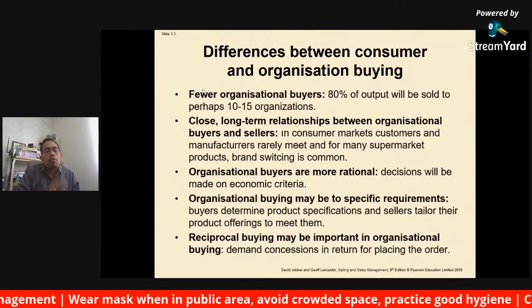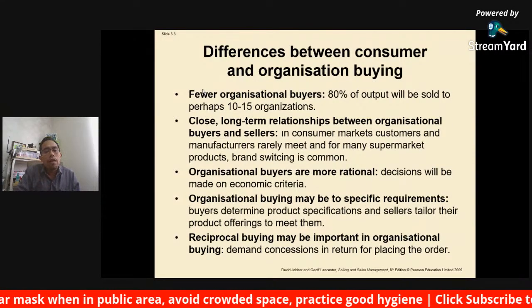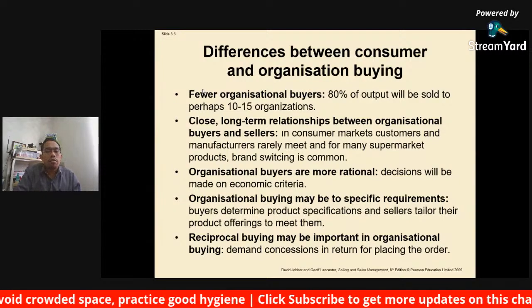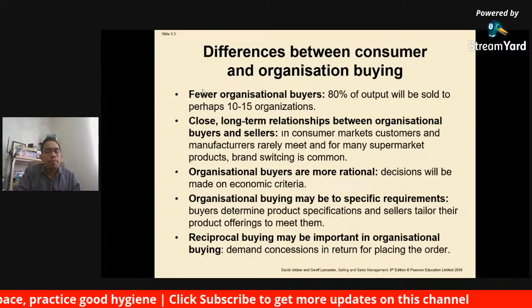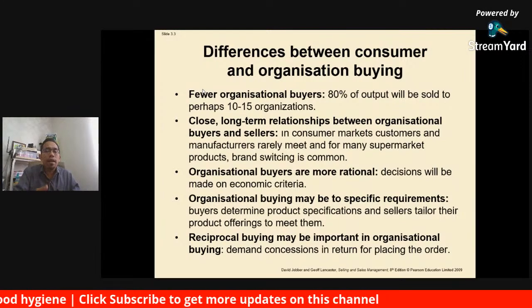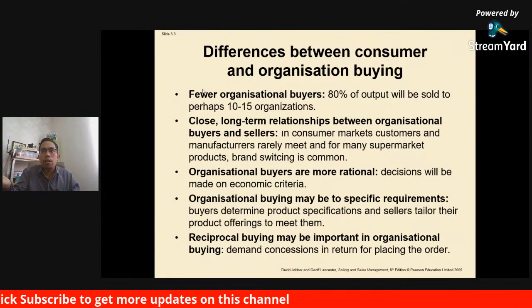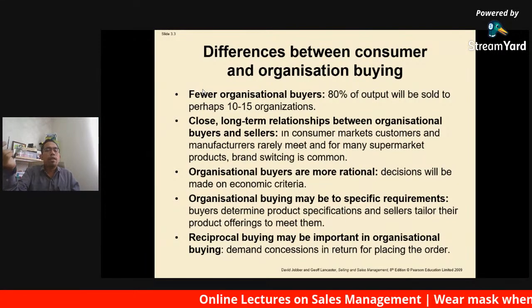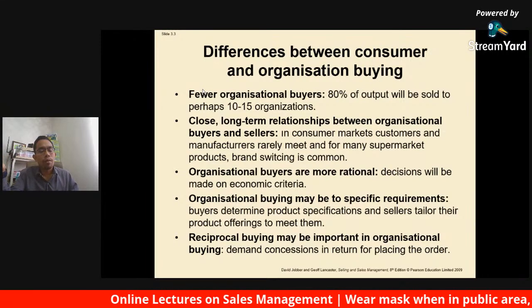The fifth, reciprocal buying may be important in organizational buying. What do we mean by reciprocal? Sometimes you sell a product to one party, and that organization buys something from you. Actually, we get back the output from them.